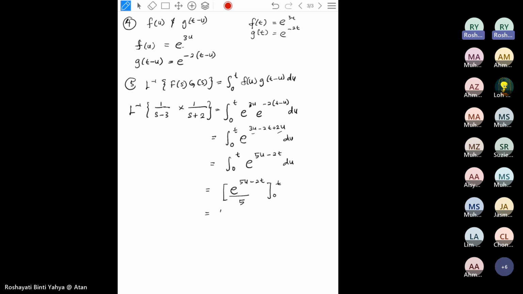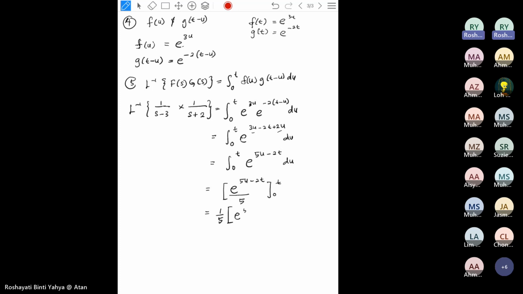Or you can take this 1 over 5 out. Exponential 5. Okay, u here becomes t.